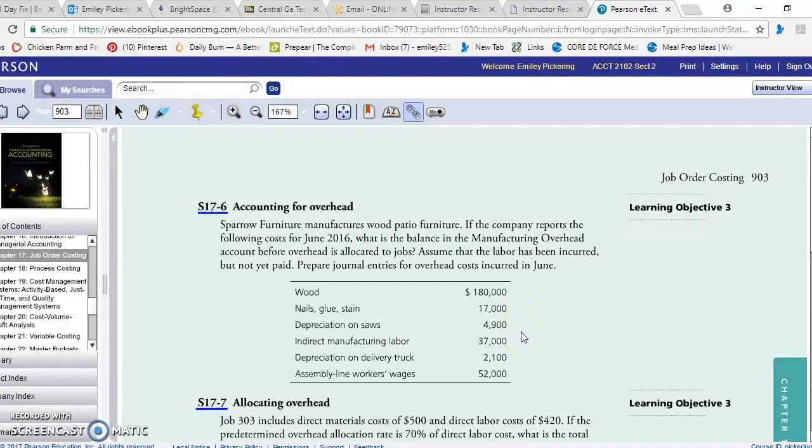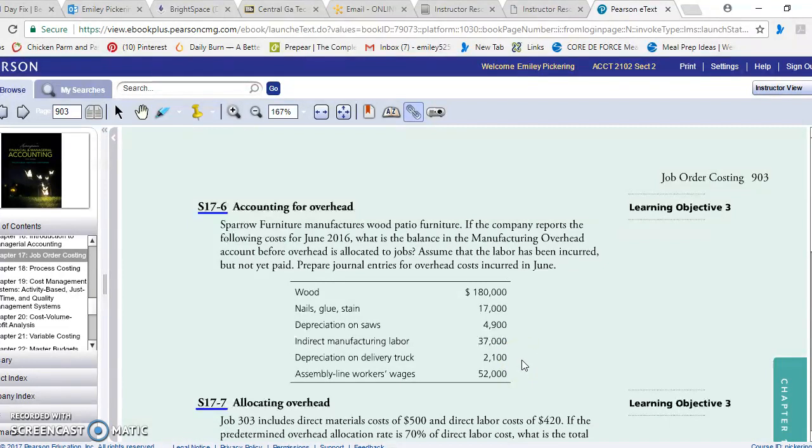Depreciation is going to be on the saws. As long as the depreciation is on the saws, something you're using in the manufacturing area, you can put that into manufacturing overhead. Indirect manufacturing labor, that tells you right there, it's going to be an indirect cost.